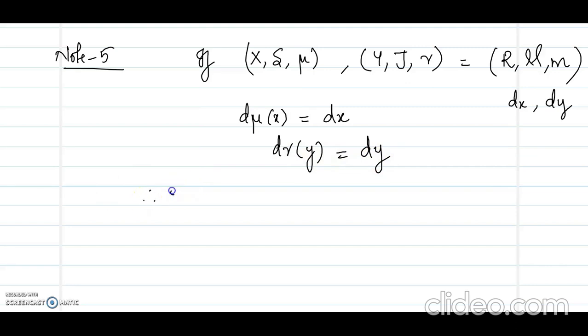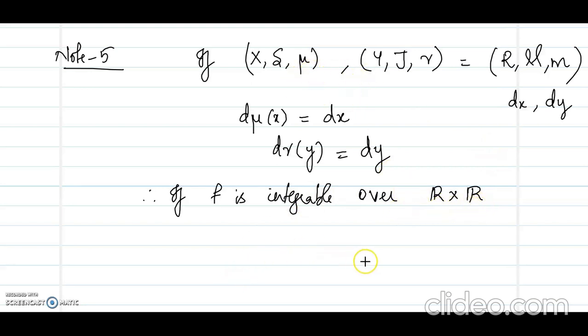So therefore if f is integrable, we can rewrite Fubini's theorem this way. So if f is integrable over r cross r, then x cross y becomes r cross r.